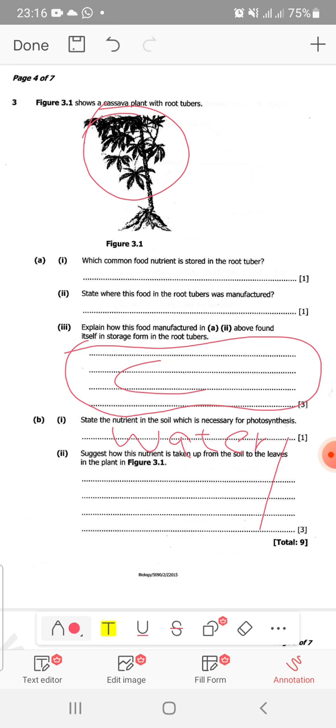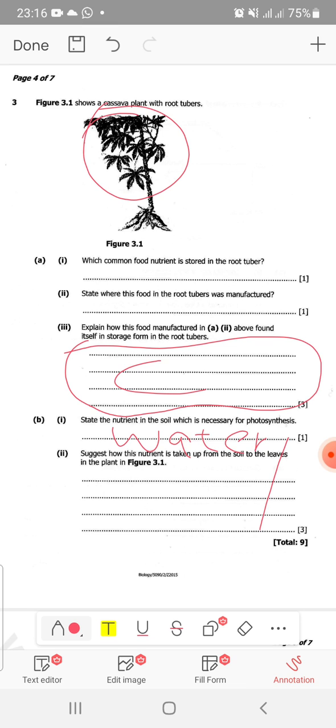Then question Roman numeral 2: suggest how this nutrient is taken from the soil to the leaves. So the nutrient we're talking about here is water. So you need to suggest how water moves from the soil to the leaves.